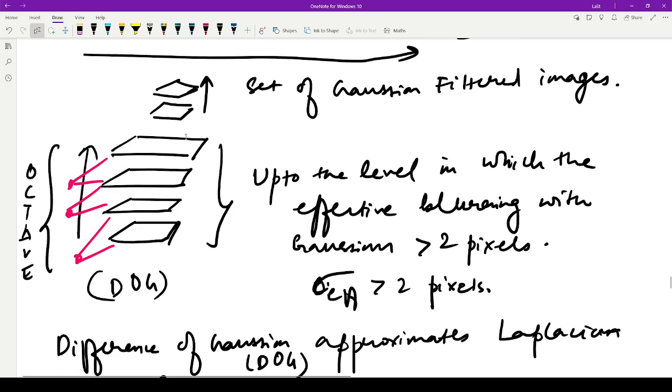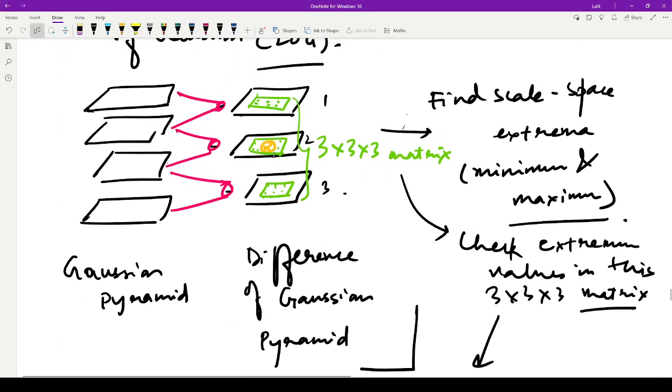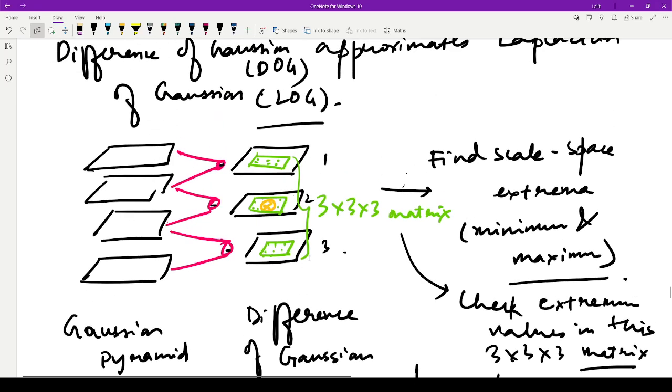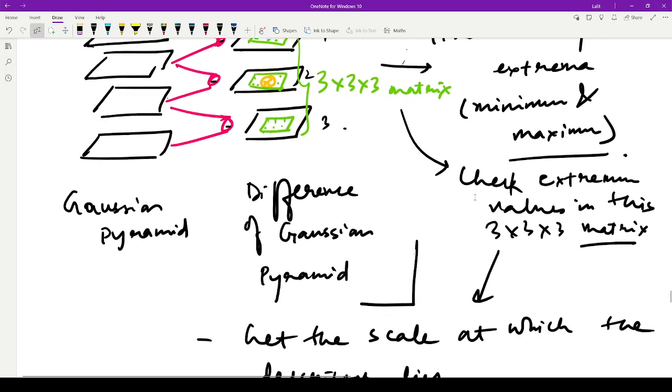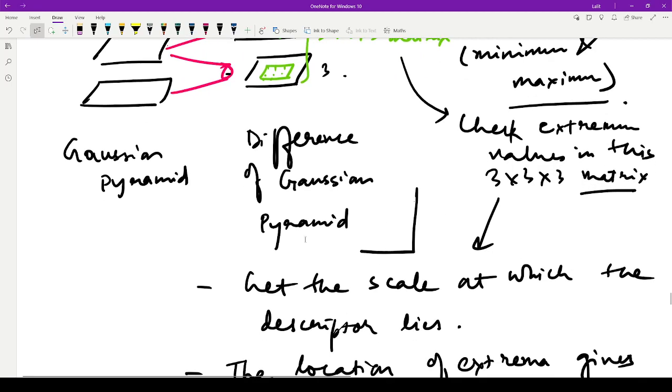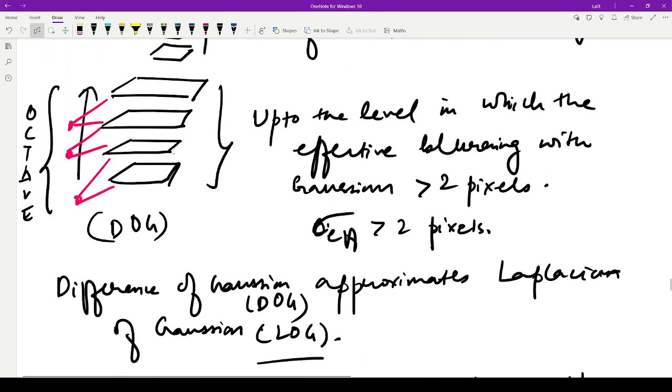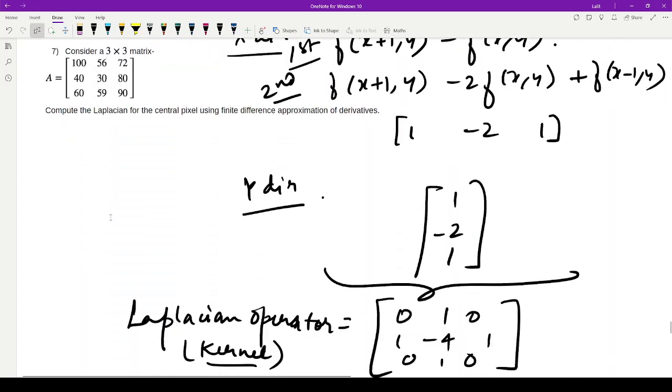And as soon as you reach here, since it's greater than 2, you will reduce the image. So you won't really have three layers at which you can compare your scale space extrema. So you cannot really apply the SIFT algorithm if you don't have the factor less than 2.